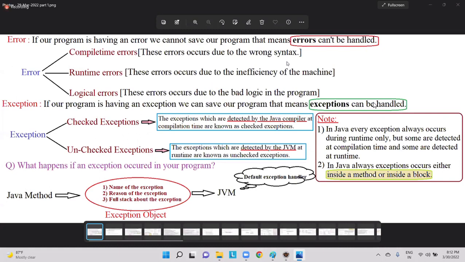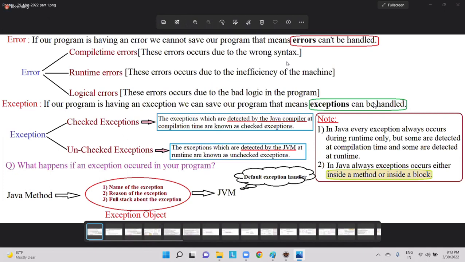And I already told you, always, that every Java exception always occurs inside a what? Exactly, either a method or a block, and an exception always occurs at runtime only.